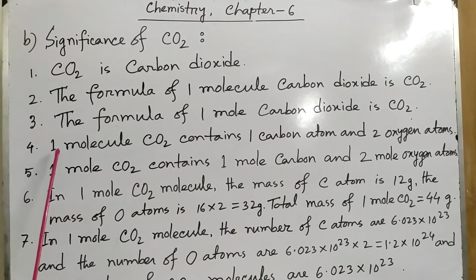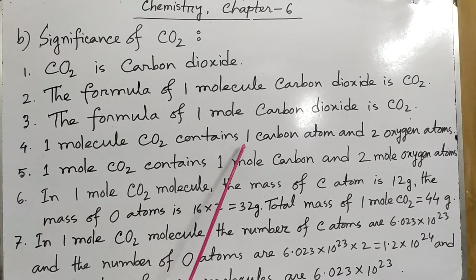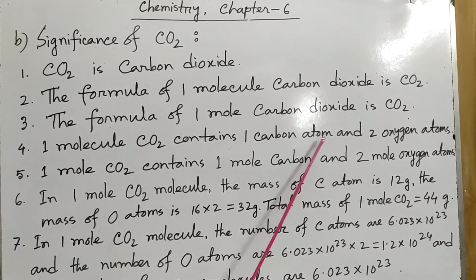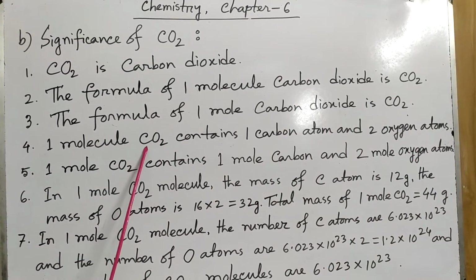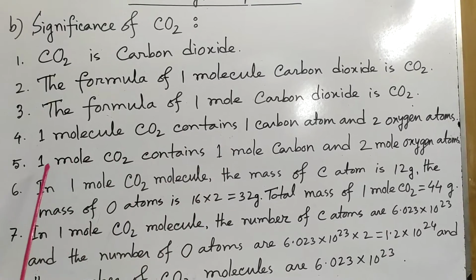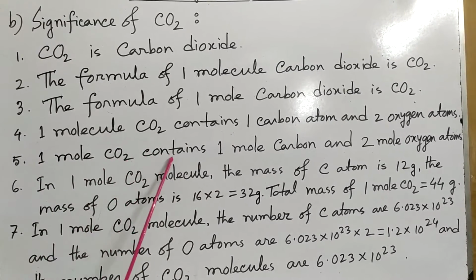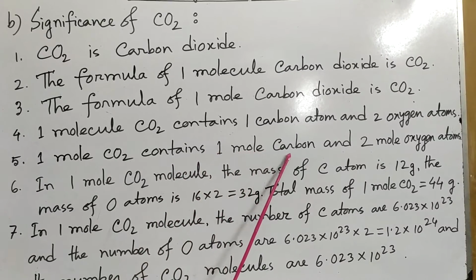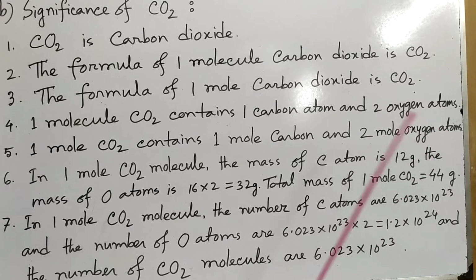Now number 4, 1 molecule carbon dioxide contains 1 carbon atom and 2 oxygen atoms. Very easy, by seeing we understand here 1 carbon atom and 2 oxygen atoms. Now number 5, 1 mole carbon dioxide contains 1 mole carbon and 2 mole oxygen atoms.